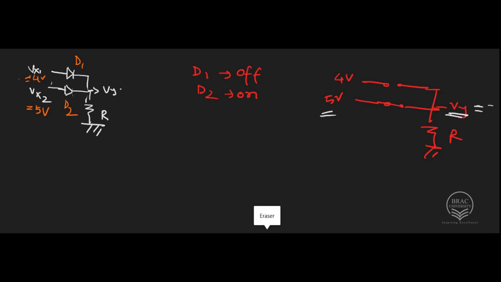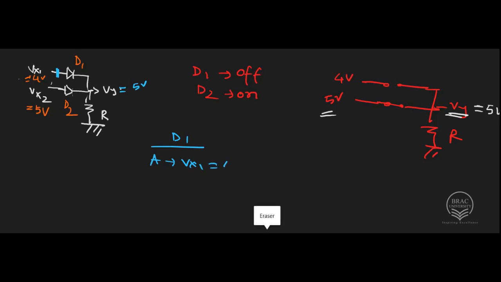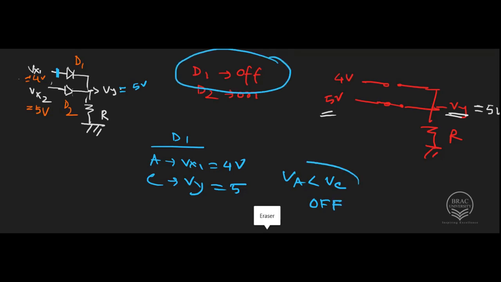So Vy will have a voltage of 5 volt. Then for D1, anode voltage Vx1 is 4 volt, and the cathode voltage Vy is 5 volt. So anode voltage is less than the cathode voltage for D1, so the diode is off. So we have assumed D1 to be off and D1 is indeed off. So this is the case.